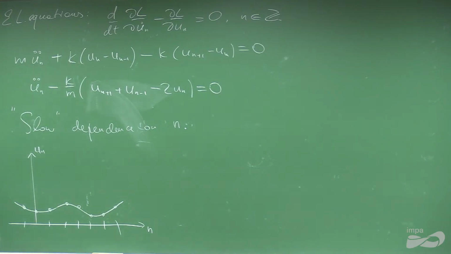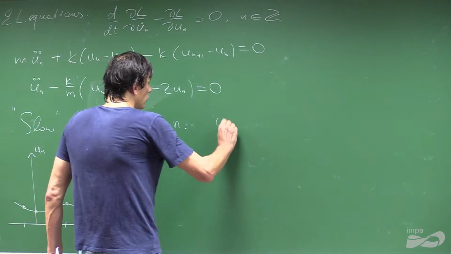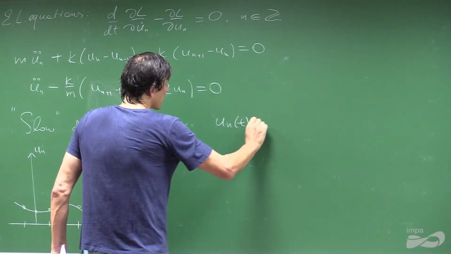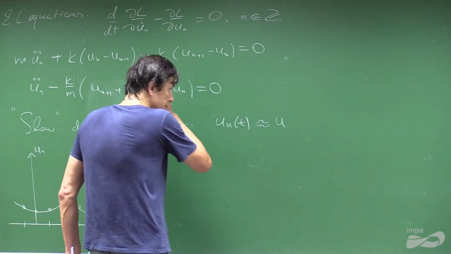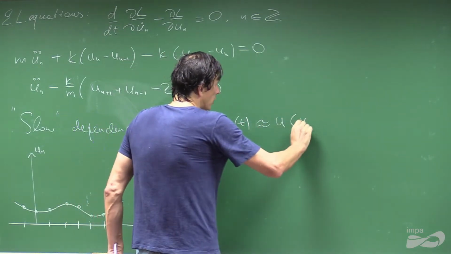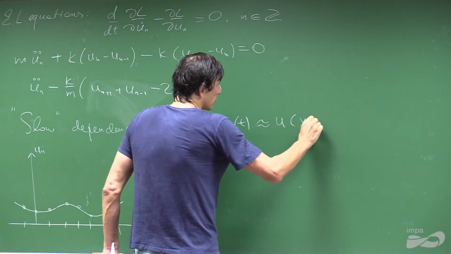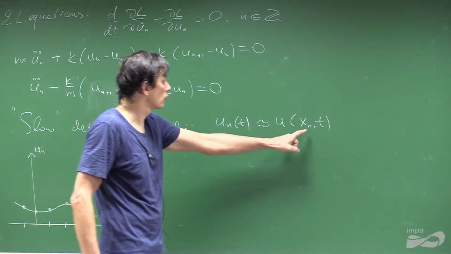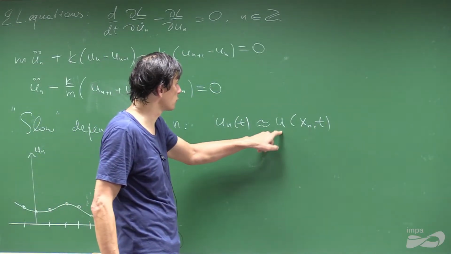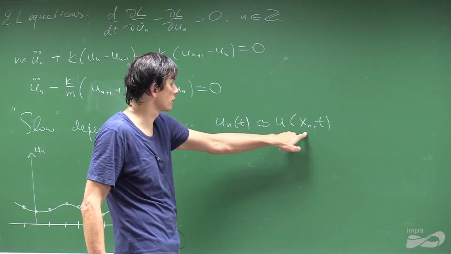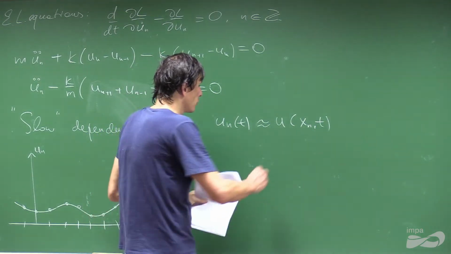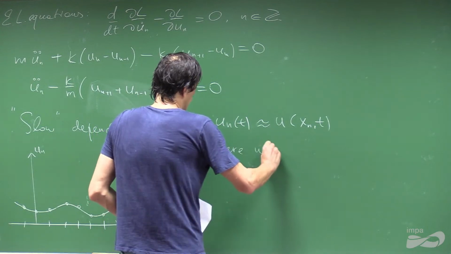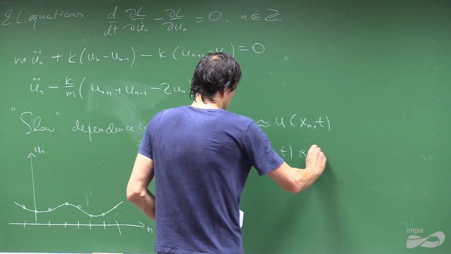So slow dependence on n means that un, as a function of time, can be approximated by some function computed at the position where the mass is at rest and at time t, where u of x, t is a smooth function.